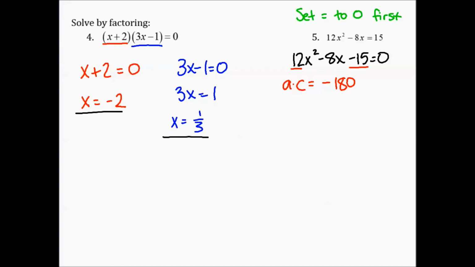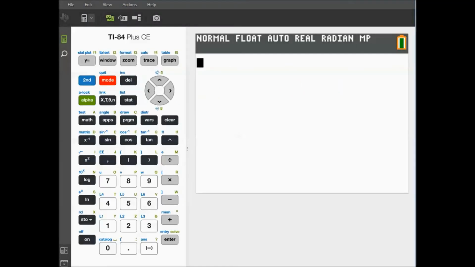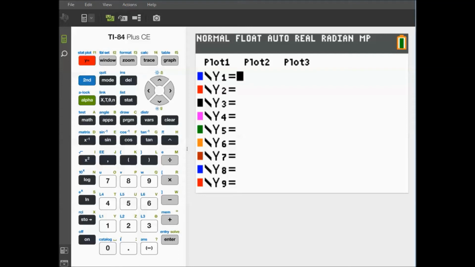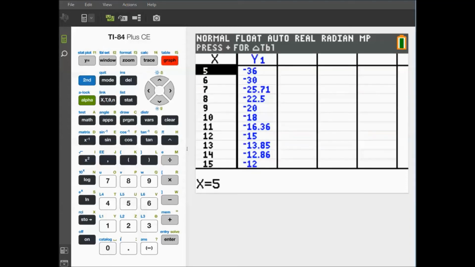If you got stuck, here's a trick. Go to your calculator. We're trying to multiply to negative 180. So if we go to y equals, and then type negative 180 divided by x, and then go to the table, which is second graph.